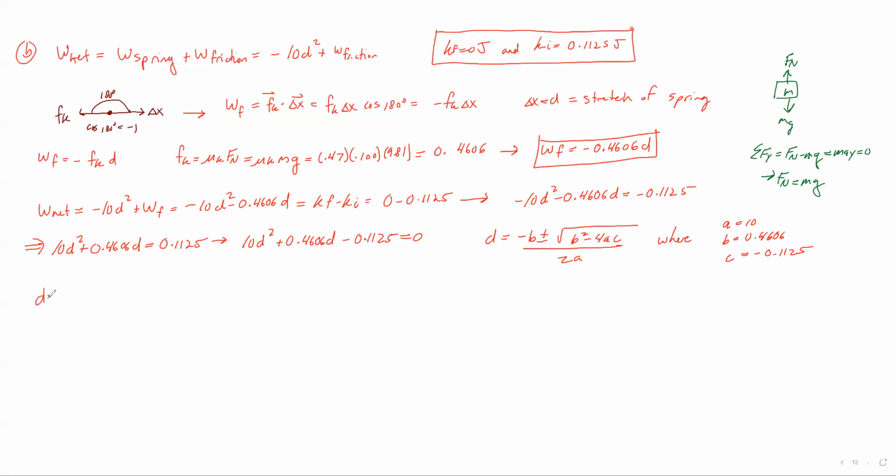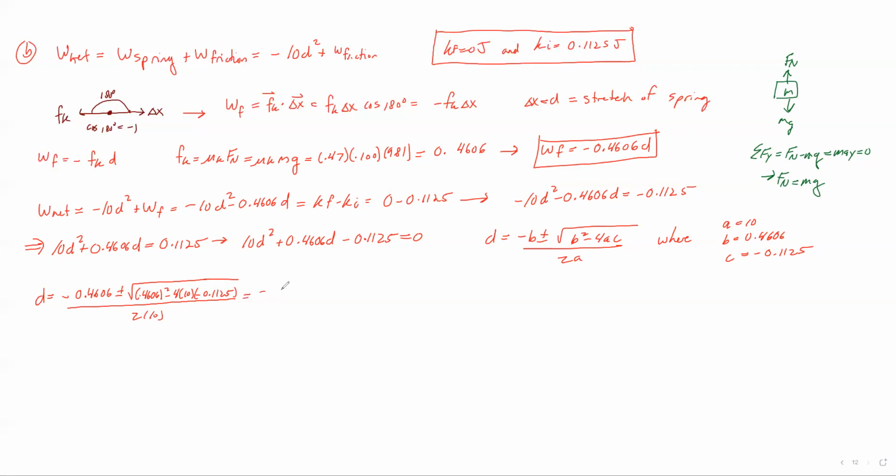D is going to be negative 0.4606 plus or minus the square root of 0.4606 squared minus 4 times 10 times negative 0.1125, all over 2 times 10.